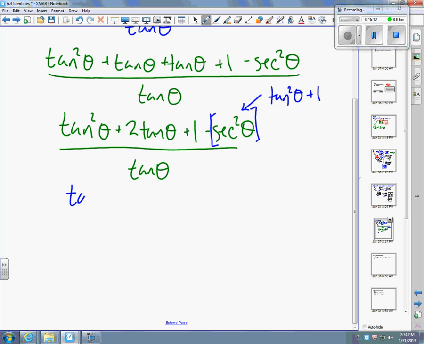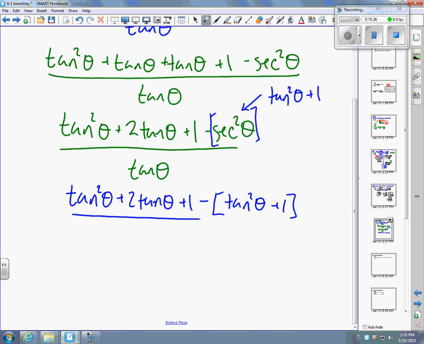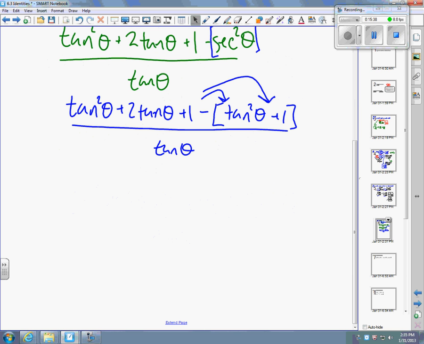And we go tangent squared plus 2 tangent plus 1 minus, in parentheses here, tangent squared plus 1. Obviously, this is still all over a tangent. Now, this is going to get distributed, and a bunch of stuff should go away. So that becomes a minus tangent squared, which is going to cancel with that one.